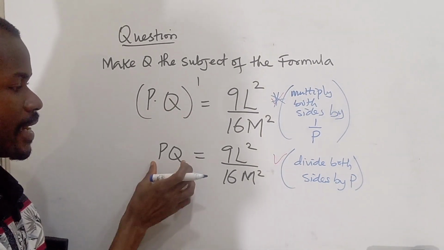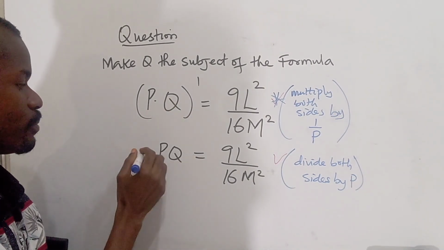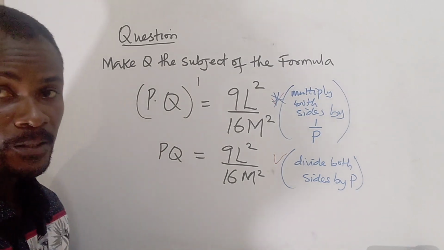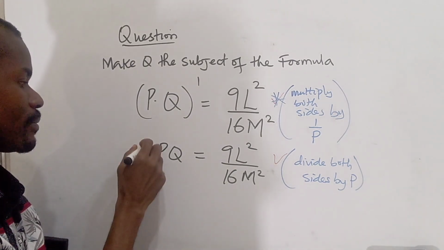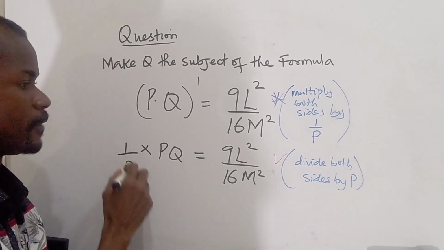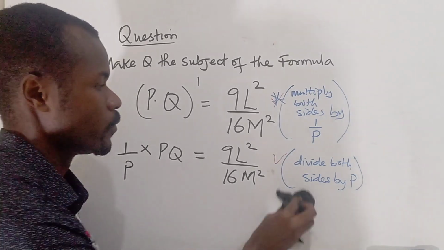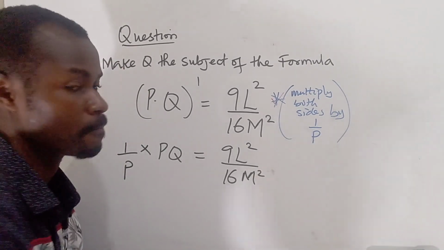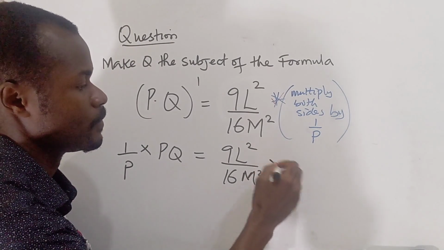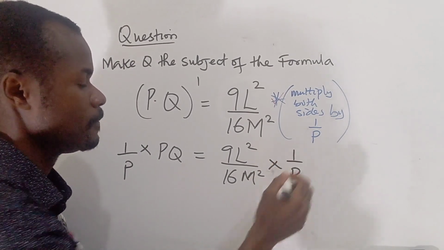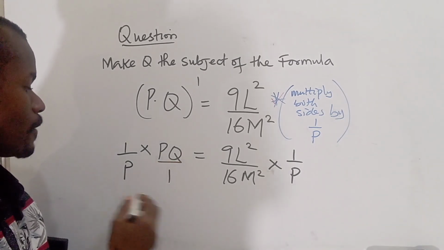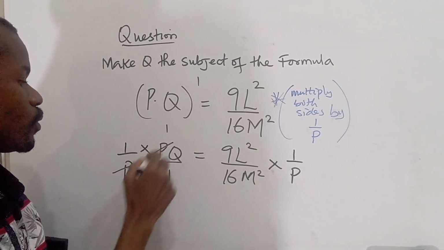So this side I'm going to have multiplied by 1 over P. Let's multiply it. And I'm also going to do the same here, so this side is also going to be times 1 over P. So this is over 1. So P can cancel out, P is 1, 1.